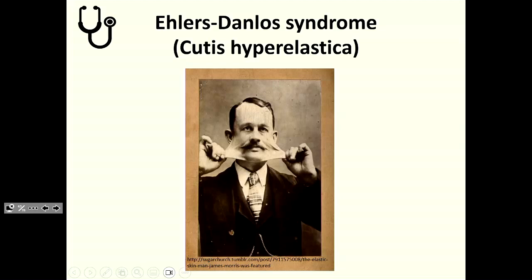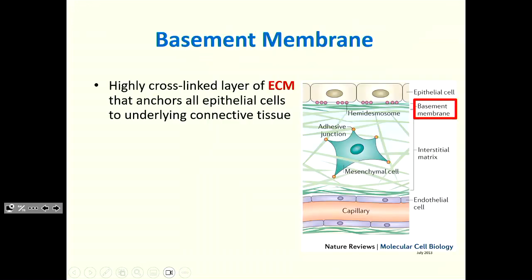If you have collagen, in layman's terms, that puts a limit on how much you can stretch. So his elastin fibers were fine, but his collagen was mutated, and therefore he was literally able to stretch his skin like that. And back in the day, they put people like that, unfortunately, in circuses. And so this is a different condition, Ehlers-Danlos syndrome. This will come up again in later semesters, and you'll learn more about the pathology.